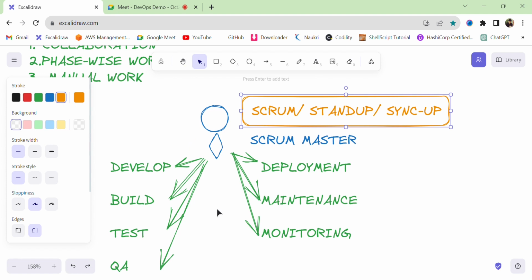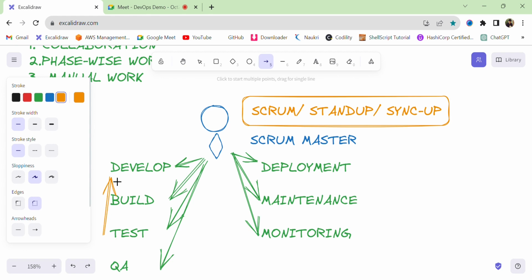Not only that, the scrum master had to ensure that if there are any clashes, let's say the testing team says that the application is not working properly, we have faced some issues while testing. Then the scrum master will tell this testing team, hey, just sit with this development team today and get these issues resolved by today itself. Or he will give them a target.